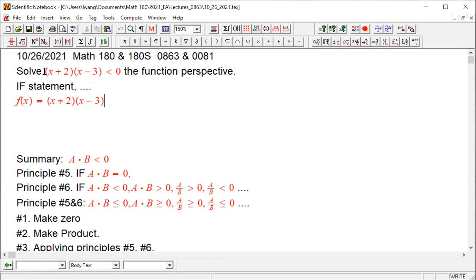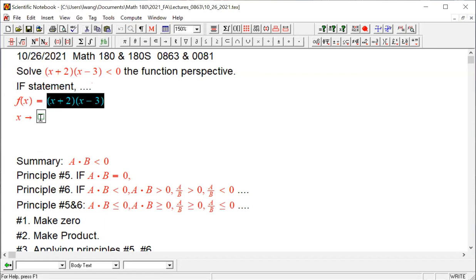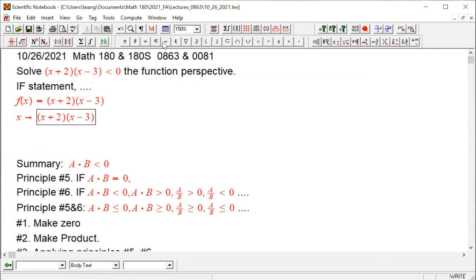So what does the if statement tell us? Giving me the input, and this rule produces output. And what is the output? That's the output. And we want the output to be negative. We know the outputs are negative.